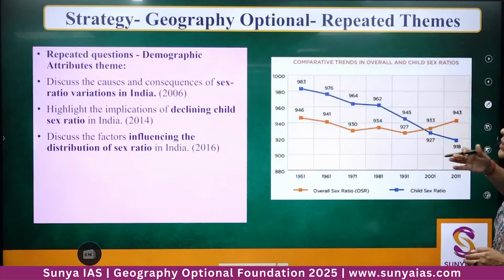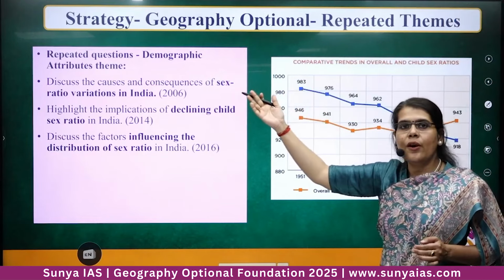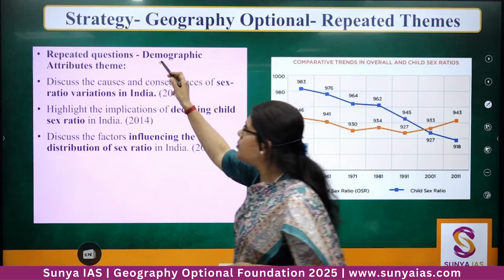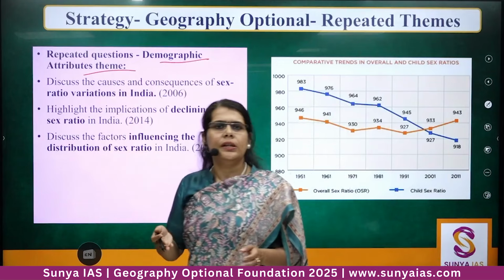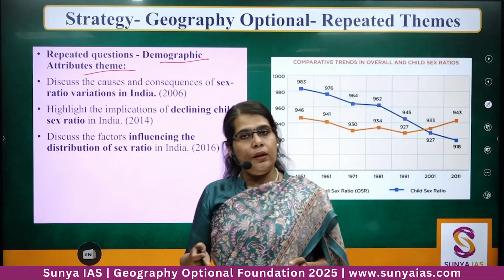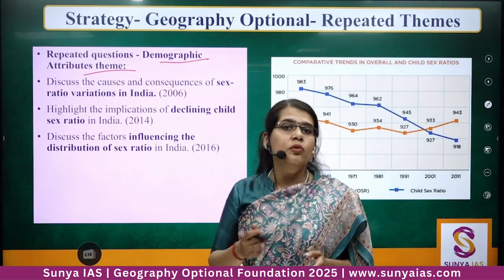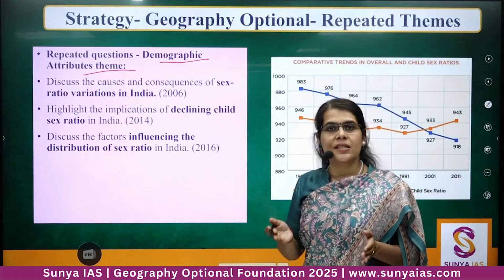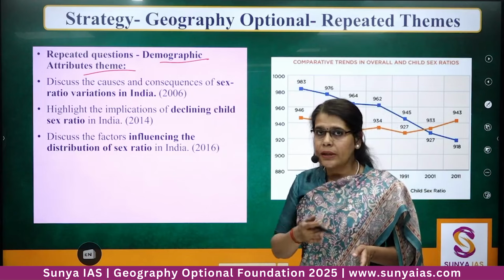Then another theme, for example, in your paper 1 section B, human geography, the demographic attributes theme, one question they ask more or less every year, and some of the demographic attributes like the sex ratio, child sex ratio, etc. have been repeatedly asked.